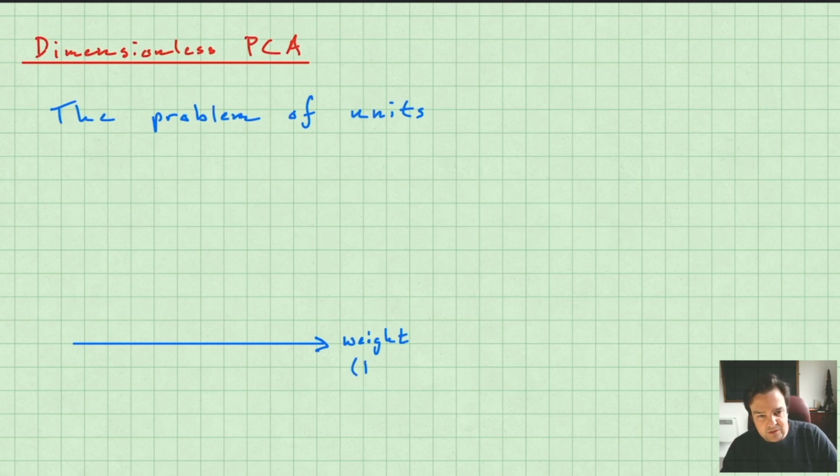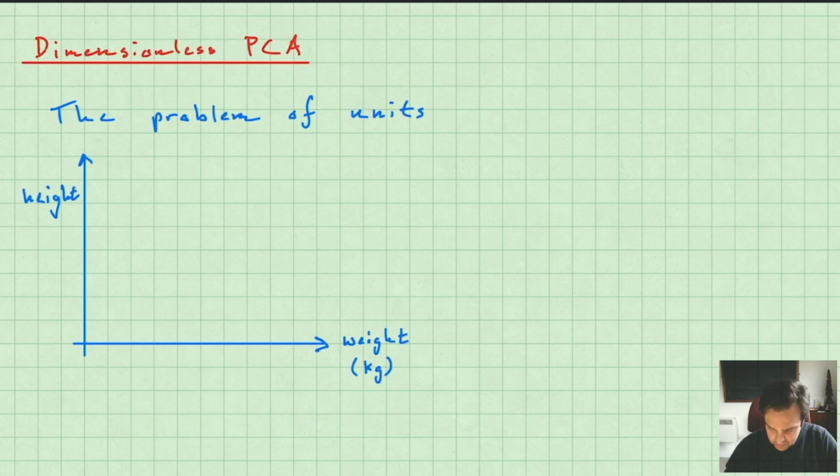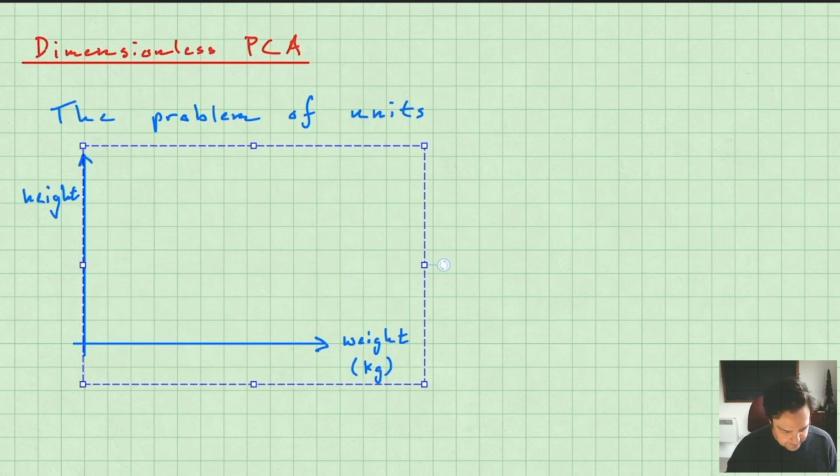Just for sake of argument, suppose that we put the height in units of meters and the weight in units of kilograms. All right, and suppose we're talking about adult men. I think that's where I got some of this rough scale from.